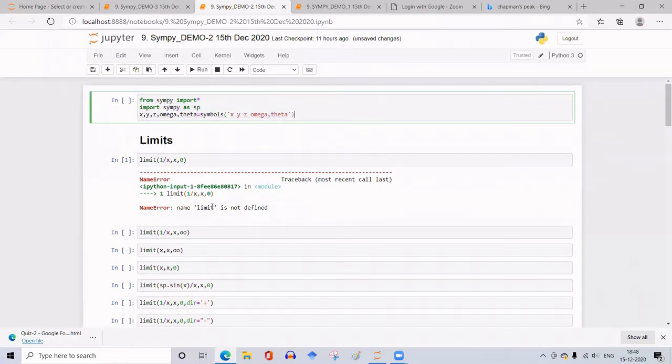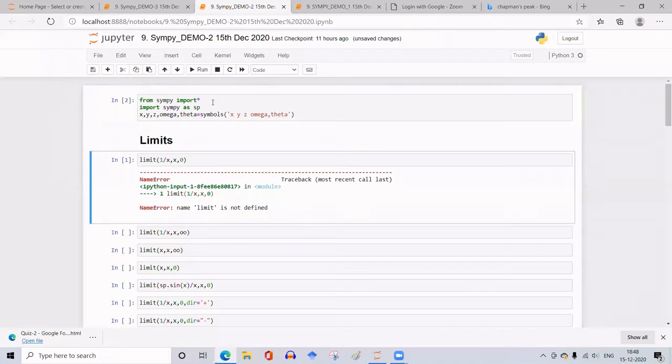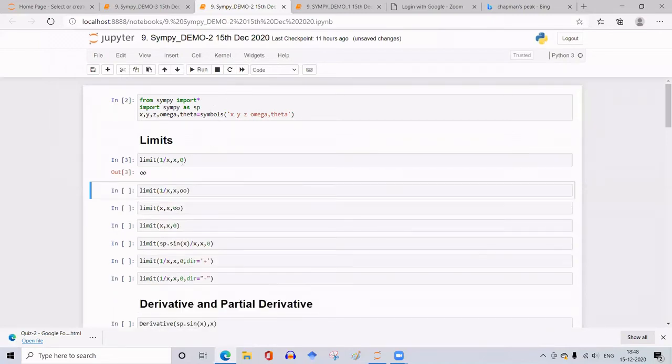Then how will it recognize which module it gets it from? That is a mistake because I did not run this cell. It is not recognizing limit as a SymPy module function. Now you see. So limit 1 by x as x tends to 0 is 1 over 0, which is infinity.